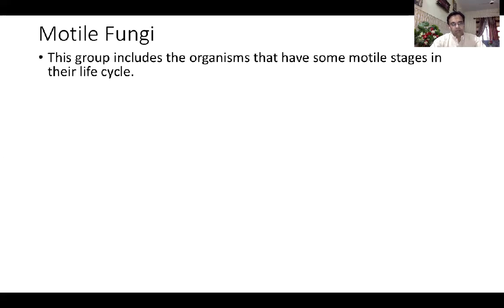For example, true slime molds. It's a group that's also known as myxomycetes. The myxomycetes or true slime molds are those fungi that don't have cell walls, so their protoplasts are visible with the naked eye.